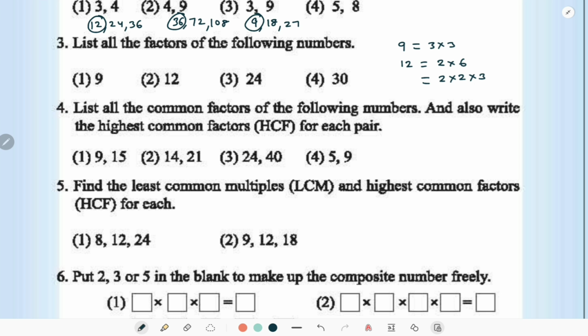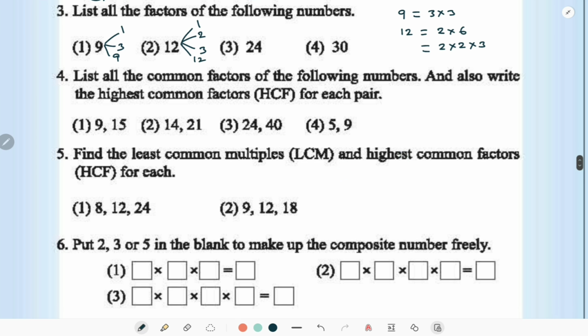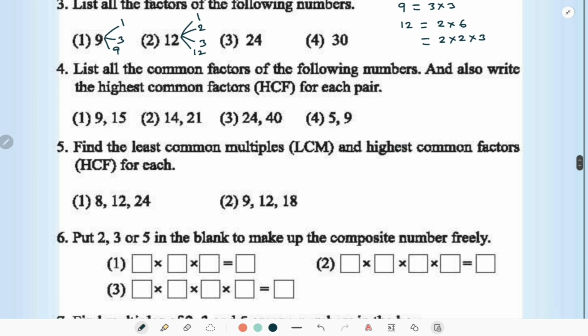Okay, for 12 it is 2, 3. If you have to list all the factors, you have to include 1 also, and you have to include the number itself. So for 9, 1, 3, 9.